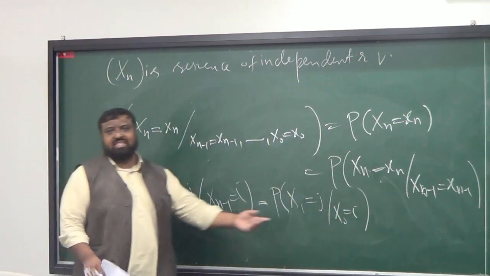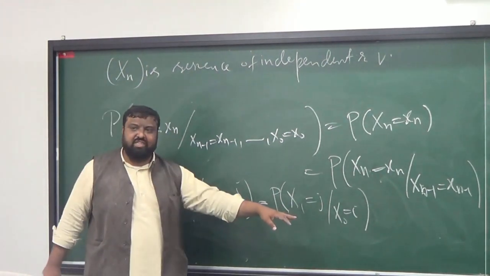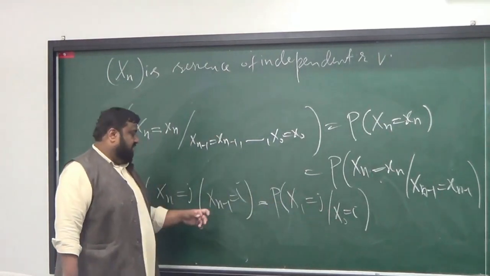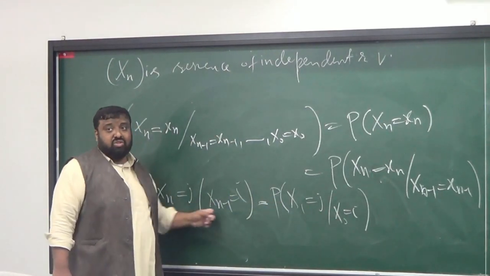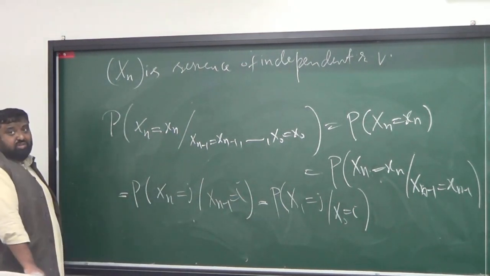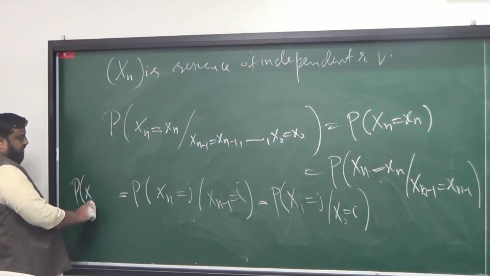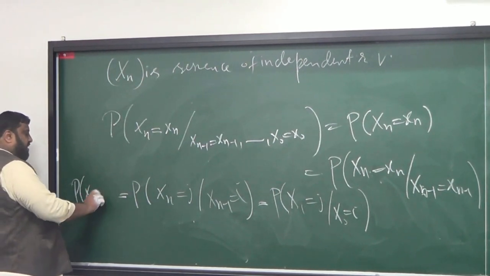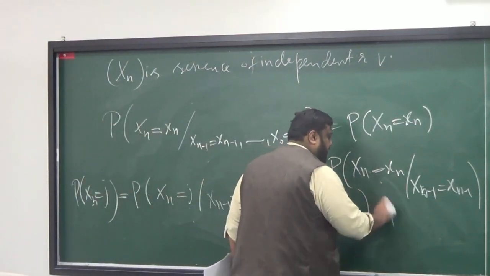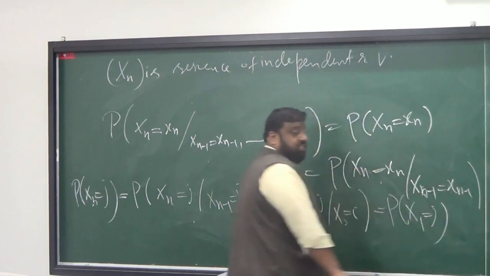So that's just one step. You want these probabilities to be equal no matter which one step you take, from 0 to 1 or n minus 1 to n. If you want them to be equal, what will be the consequence? This will be the same as the probability of Xn equal to j being the same as the probability of X1 equal to j.